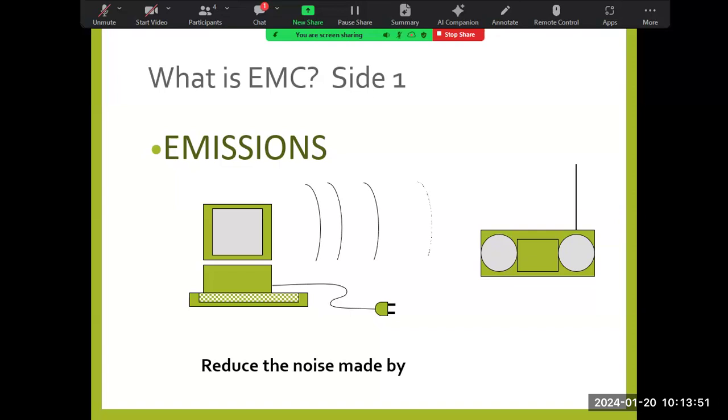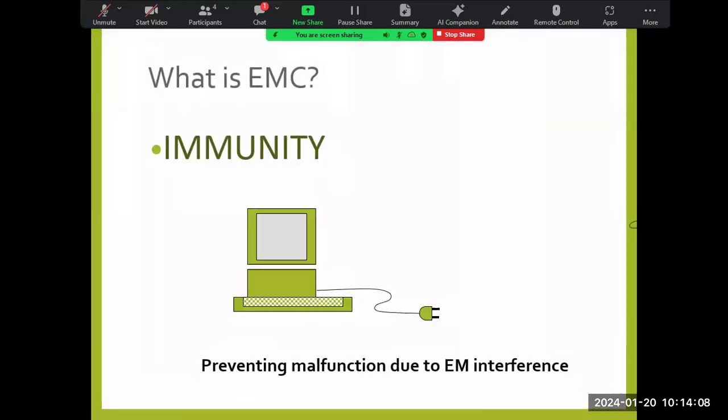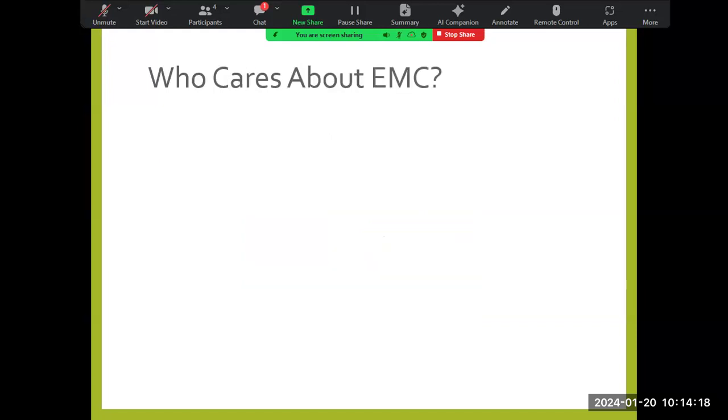Well, there's emissions: if I have a blender or a mixer, it doesn't affect your lights. And then there's immunity. Immunity is very important, especially if you wear polyester or you have long hair.